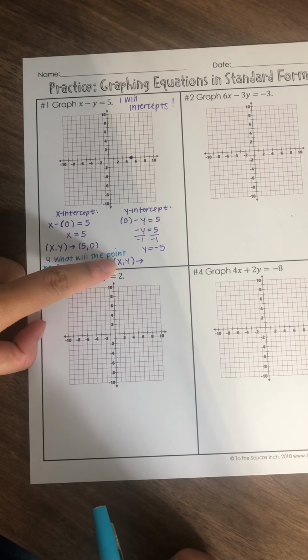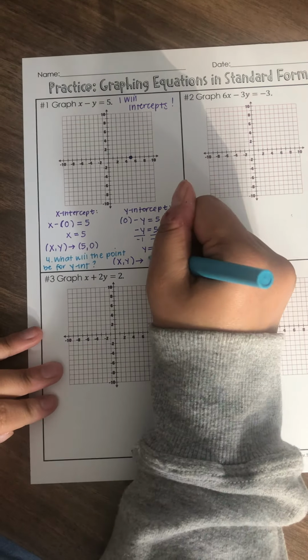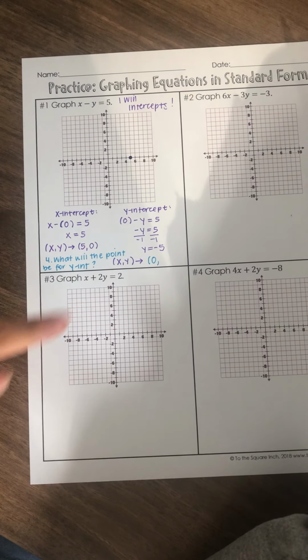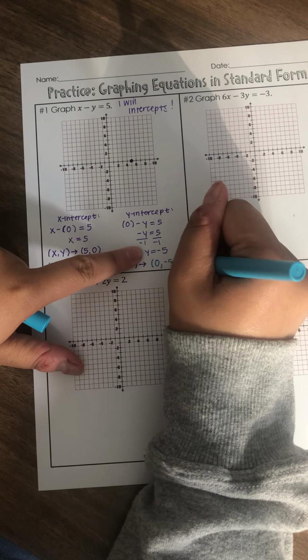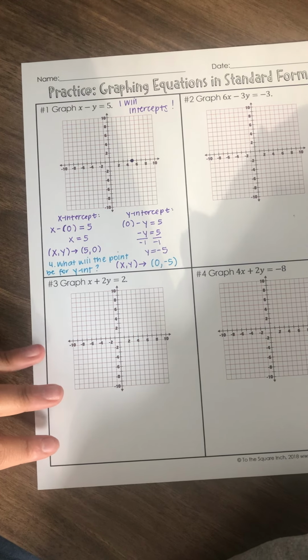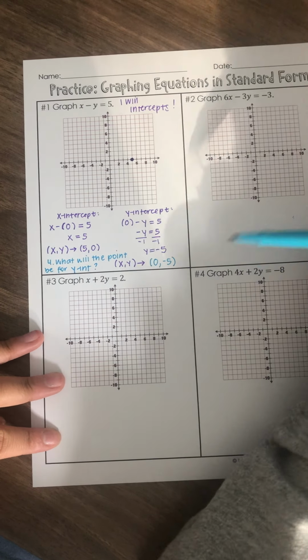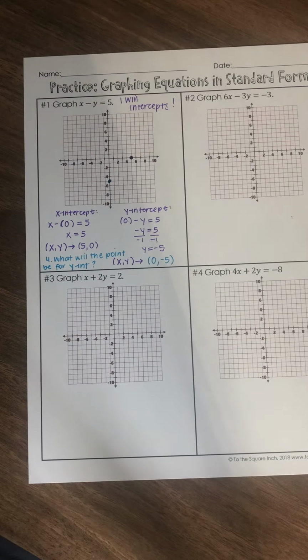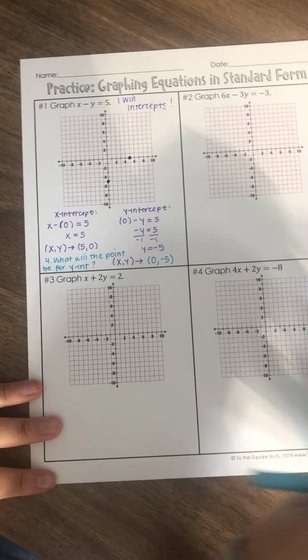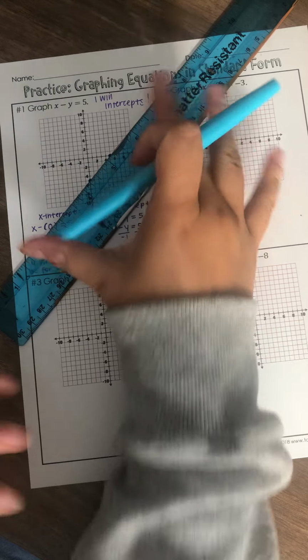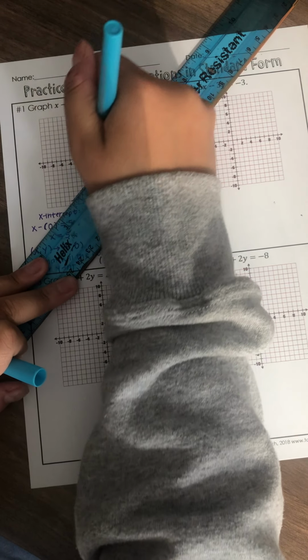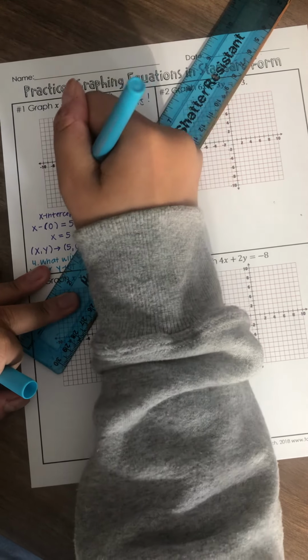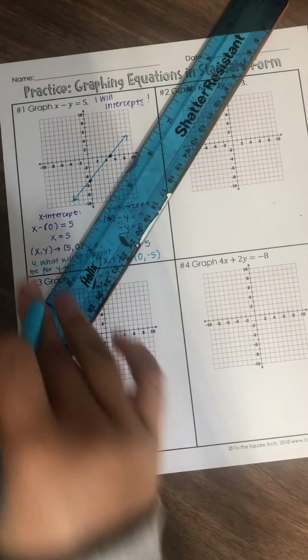So since I substituted a 0 for x, I will have a 0, and my y is a negative 5. So I can then plot that point of 0, negative 5 right here. And I can connect those dots. Just like that.